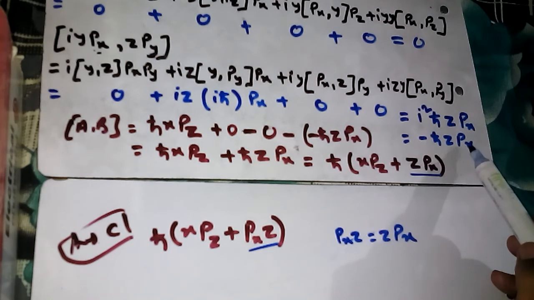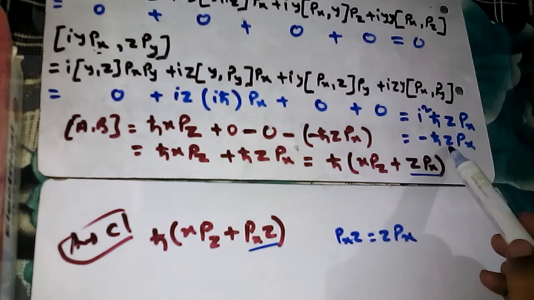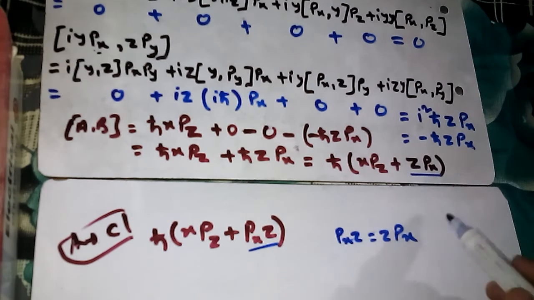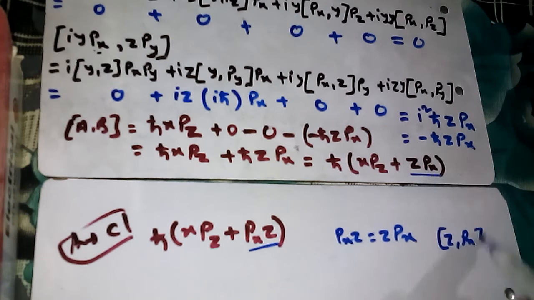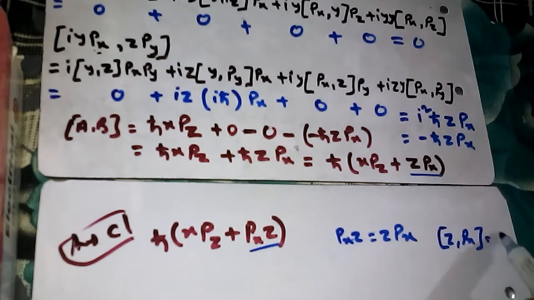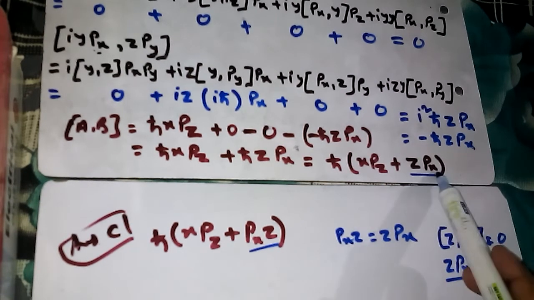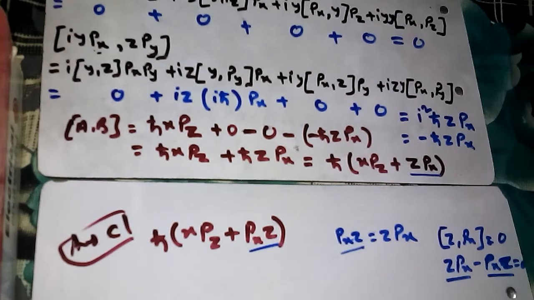But unless you require some maneuver, z and px are the same as pxz, because if z and px commute, it is 0. So when it is 0, that means they commute, and that means zpx minus pxz is equal to 0, and that means this equals this. So in place of zpx, we can write pxz also.